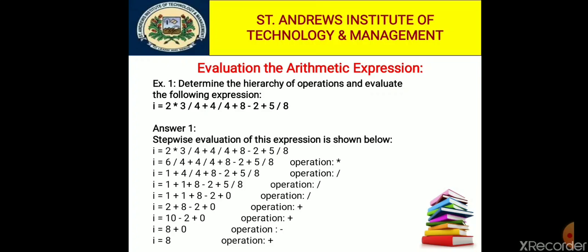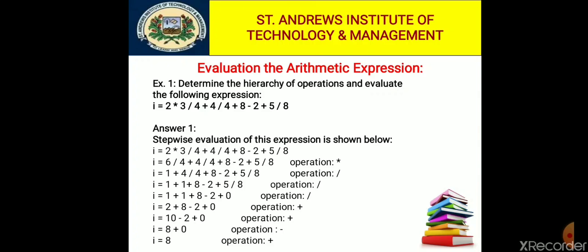Okay, so in this expression, if we decided that we will move from left to right, the first operator to calculate is multiply. So 2 into 3 is 6, and the other expression remains same, divided by 4 plus 4 divided by 4 plus 8 minus 2 plus 5 divided by 8. In a single line we will calculate only one operator.